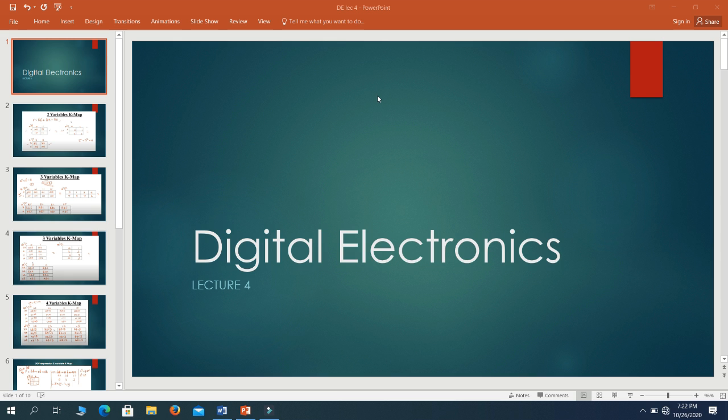In some books they call it K-map, in some books they call it Carnot map. But the Carnot map is a very handy tool for solving a Boolean function, and in today's lecture, we will go through the Carnot map basics. We will try to find out how we can simplify a Boolean function using a Carnot map or K-map.